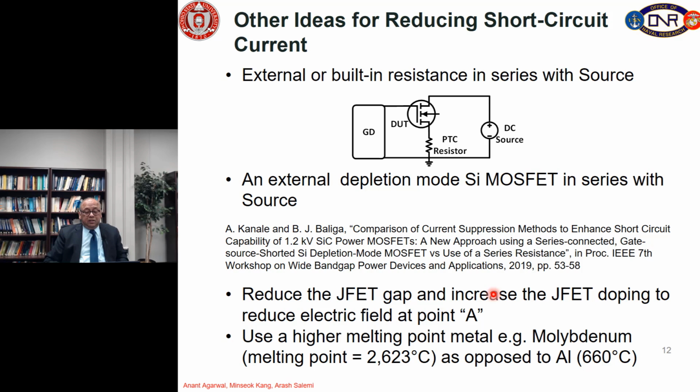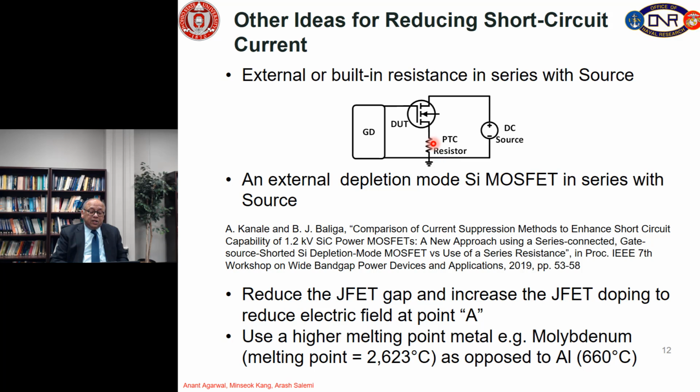One standard idea is put a resistor in the source of the MOSFET. This is called this resistor here. It's a temperature sensitive resistor, so when it gets hot the value goes up.